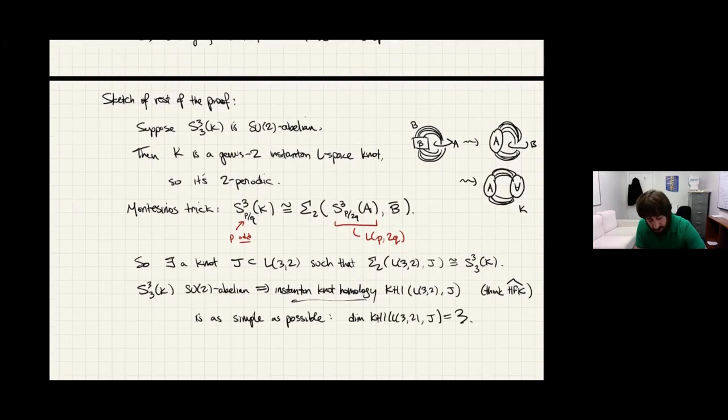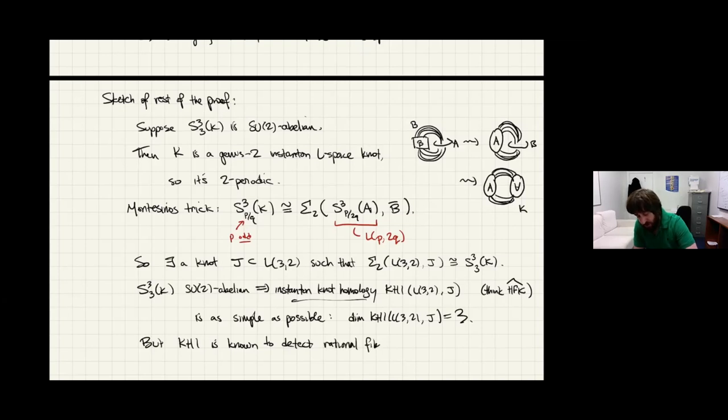Just like HFK, this invariant is known to detect, through some Alexander grading, rational fiberedness.